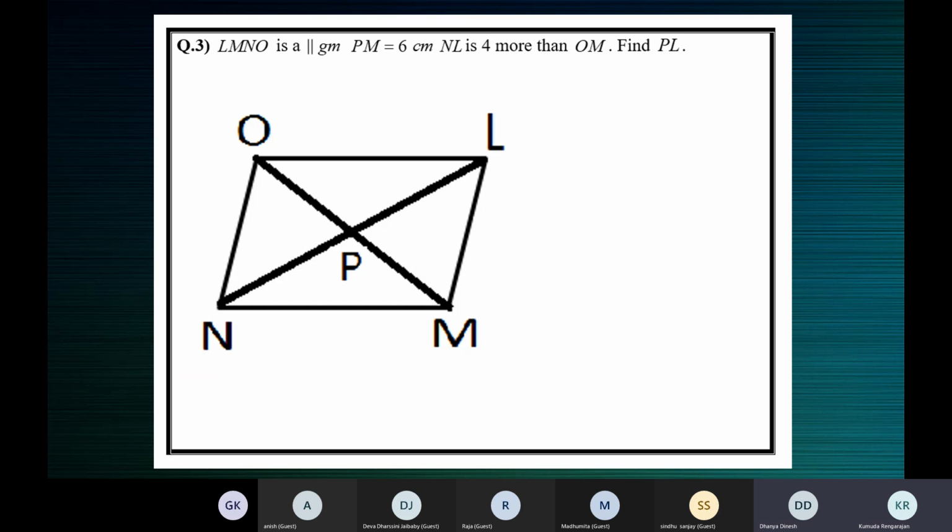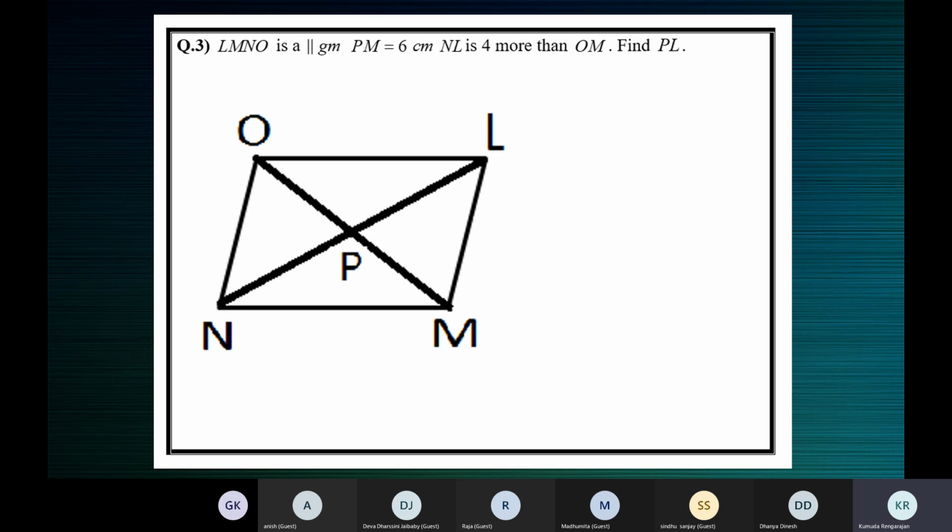No, one minute. Now, the information given here is about some part of the diagonal. So what is the property we have regarding the diagonals of a parallelogram?